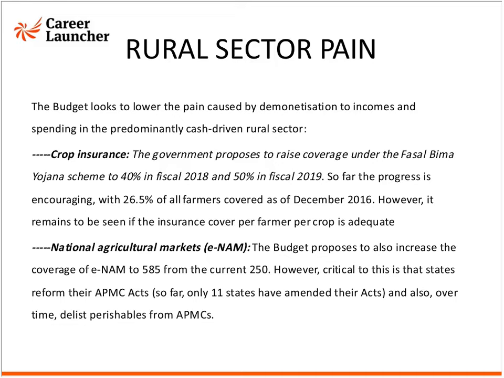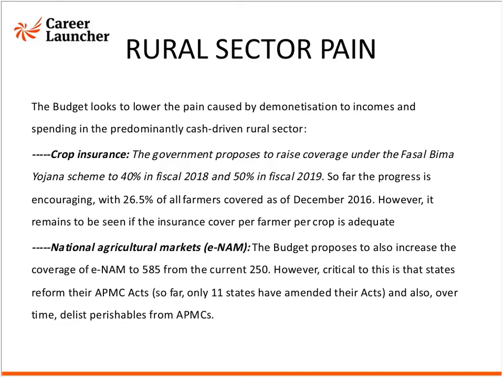Now the next important aspect to relieve the rural sector pain is what is called the National Agricultural Market. So this is basically going to be an electronic market where the government essentially wants to connect the farmers directly to the vendors. Why?